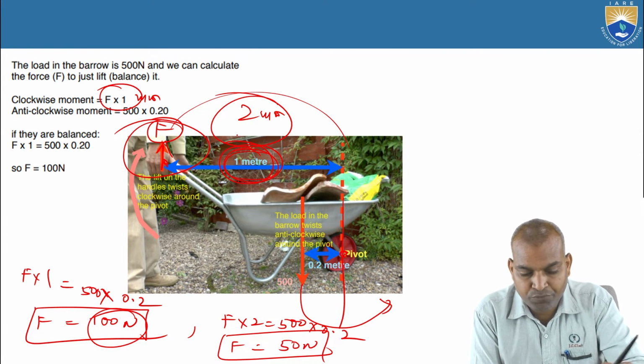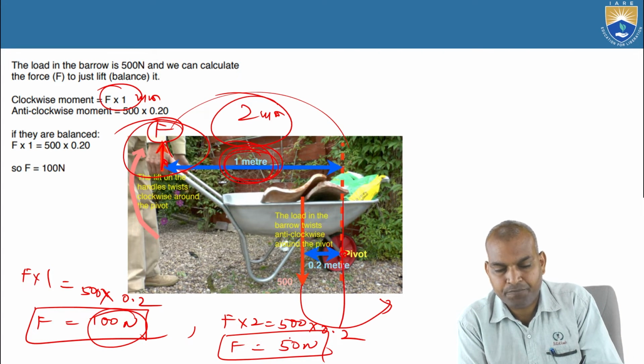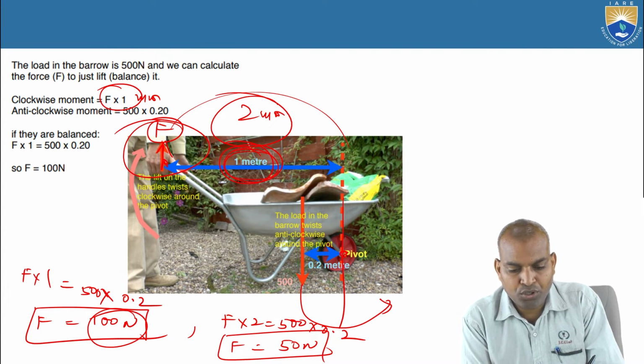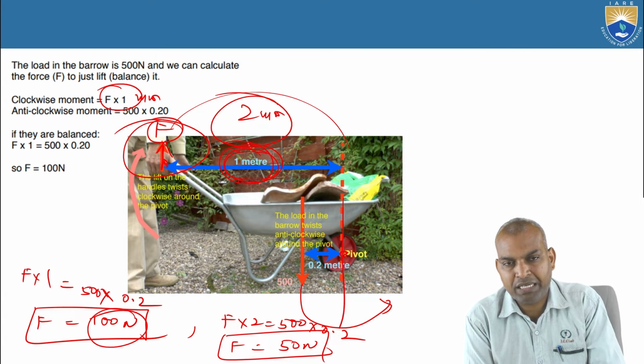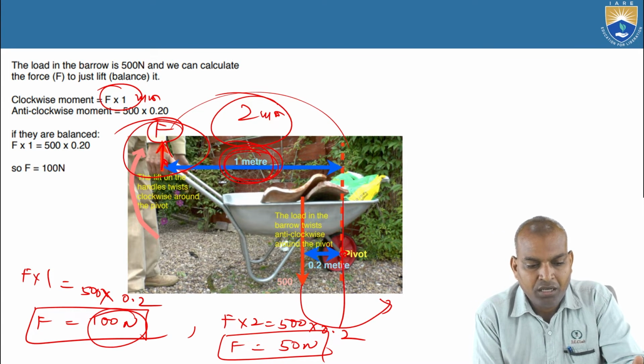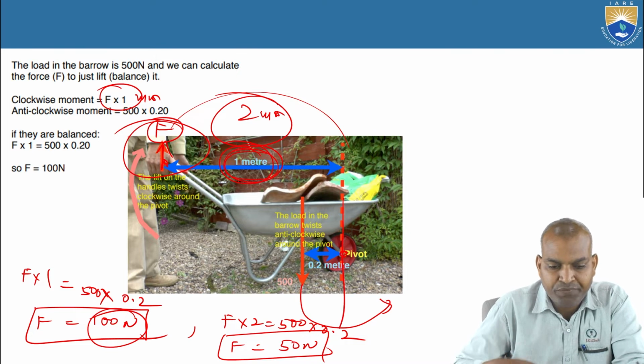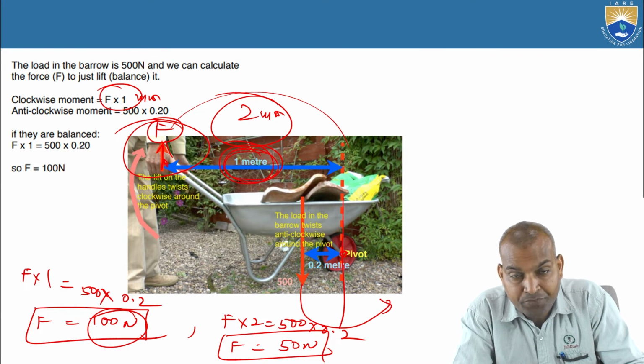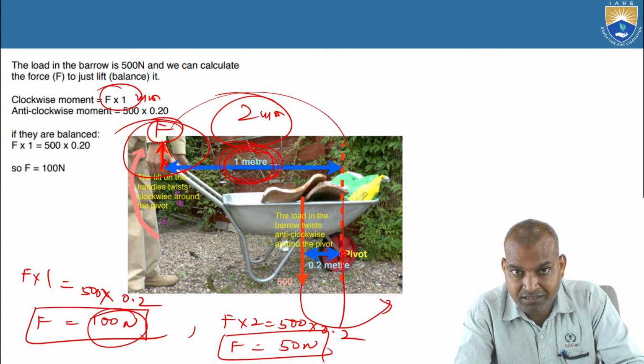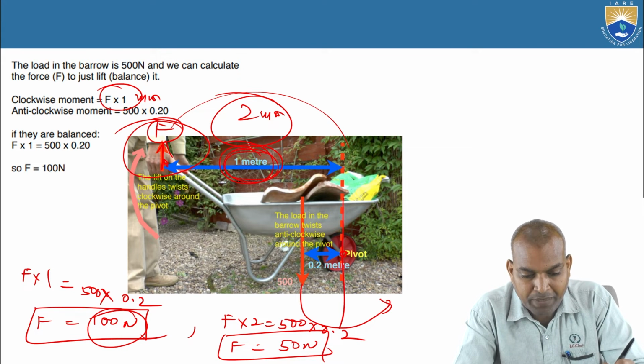It reduces the force required to lift the load. F will be reduced to 50 newtons. In this manner, we can calculate the unknown force to lift or to balance the load.